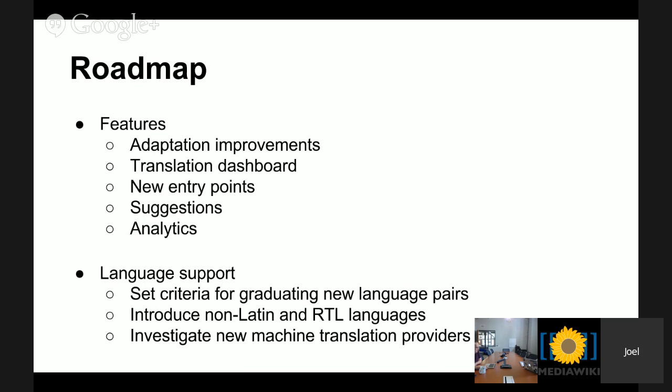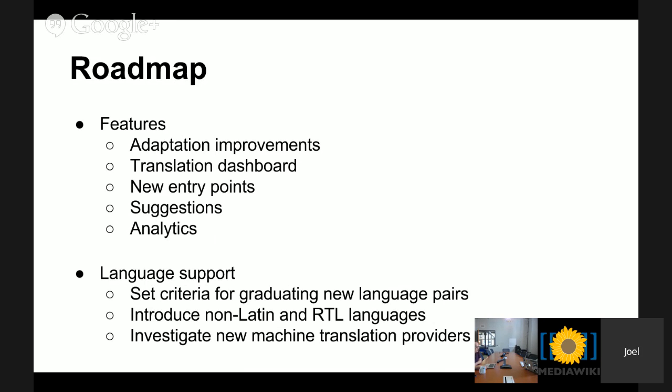But our plan is to have a dashboard that will be the first page you hit when you go to the extension, and it will show you things like a list of translations that you've done, translations that are in progress. It will also provide suggestions for other articles you might want to translate that are related to the articles you've already translated.